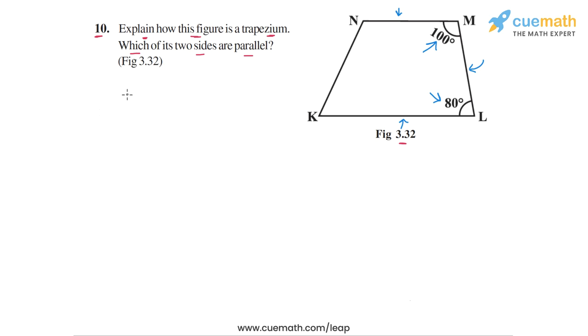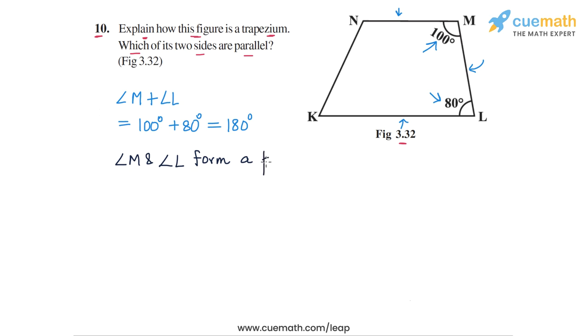So let's write out this reasoning. We have the angle at M and the angle at L. The sum is 100 degrees plus 80 degrees, which is equal to 180 degrees. And we note that angle M and angle L form a pair of co-interior angles.